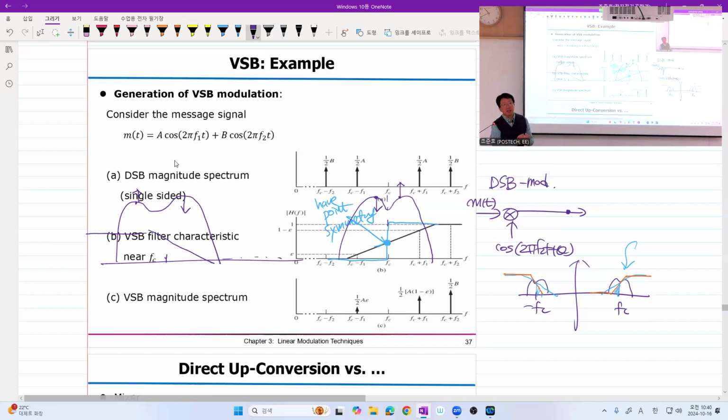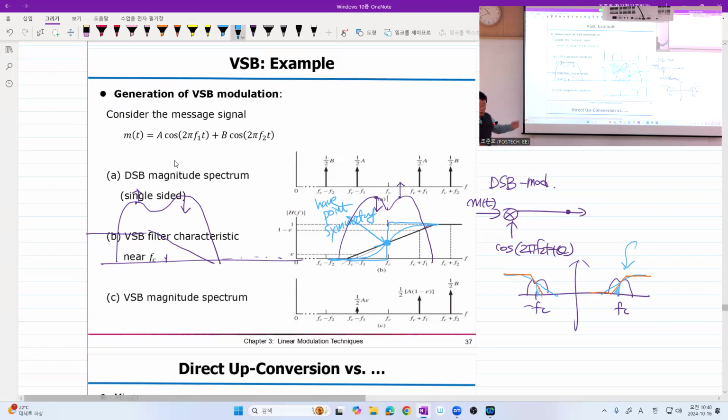That's why VSB works. Since we are running out of time, I explain verbally, but you understand what I mean. And also, not just this straight line, but also some curve with point symmetry still works, as far as there is, of course, no phase distortion. Okay, there should be no phase distortion.